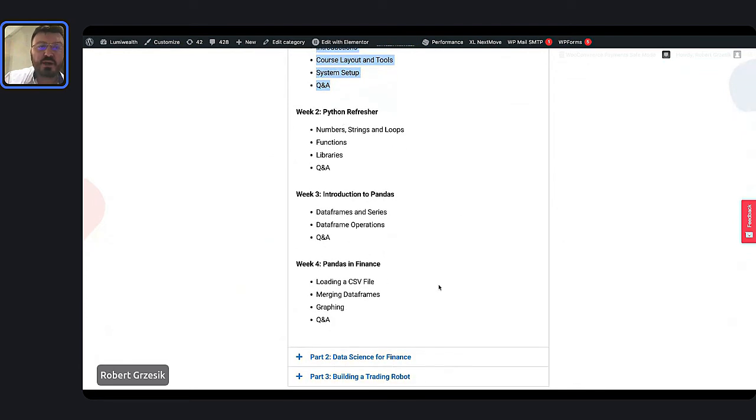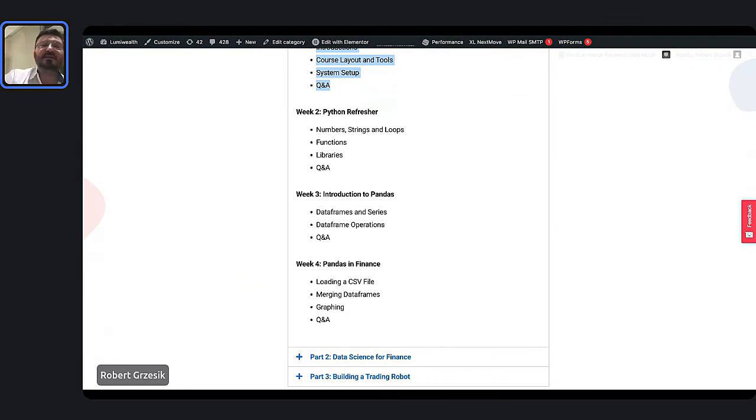Week 3, we're going to talk a little bit more about Python, and then basically how do you start taking all these things in Python and applying them to the world of finance, right? How do you download data? How do you use the library called Pandas, which is kind of like Excel on steroids, you could say that.